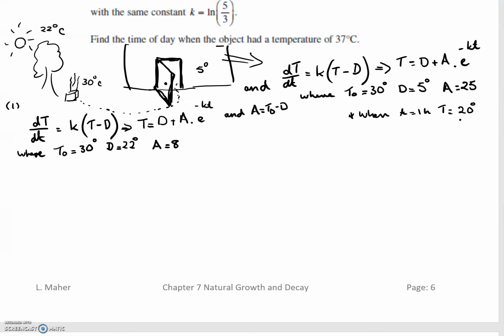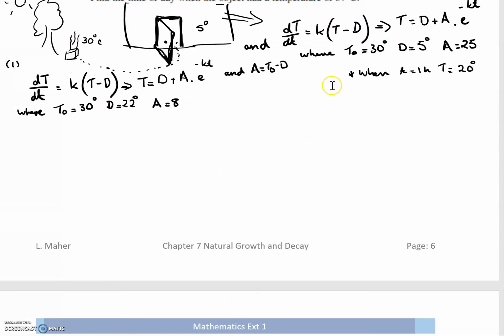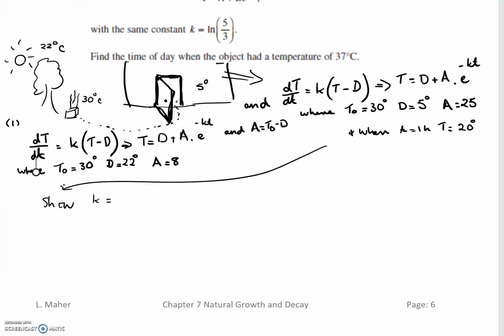Part 1 has asked us to show that k is equal to the log of 5 on 3.